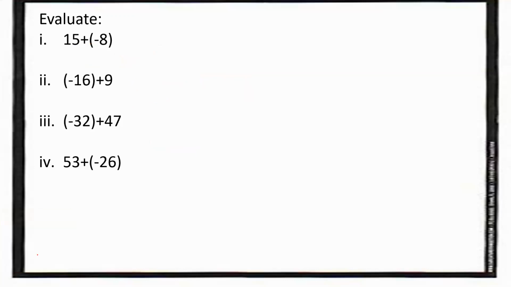So simply minus 7. Now, third question: minus 32 plus 47. Same question. Here you have to do nothing, just subtraction.